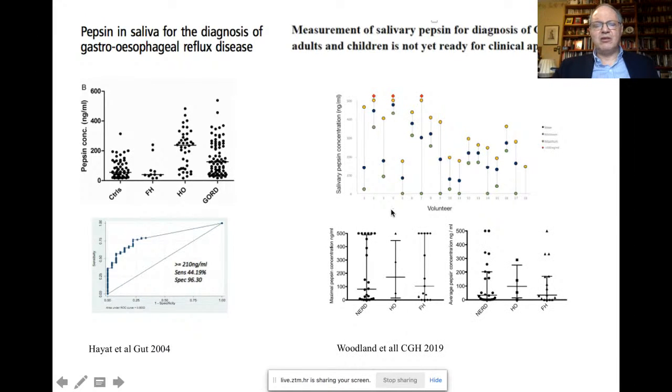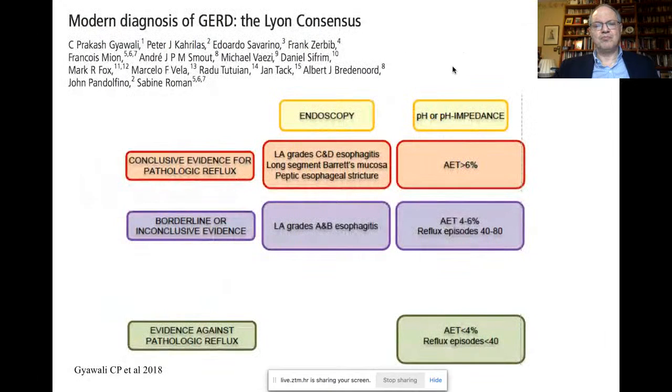The manufacturers changed completely the antibodies used and the technique for detection, and we found results all over, without any discrimination between phenotypes, both in adults and in children. We came to the conclusion that this technique conceptually is very interesting, but it's not ready for clinical application, and of course cannot be used to decide whether a patient should have anti-reflux surgery or not.